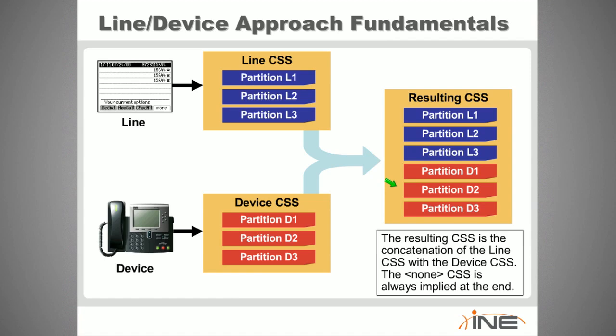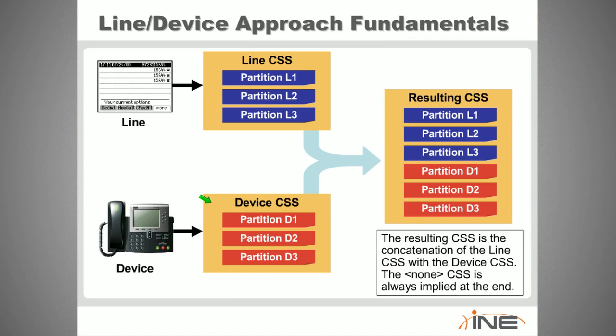Okay, you might say, if you've never looked at this approach, why would I ever want to have 2 different calling search spaces, one at the line and a different one at the device? Well, that seems too complicated, and why would I want to take this into consideration? I thought you were just talking, Mark, about traditional class of restriction or class of service as a construct and possibly simplifying our troubleshooting.